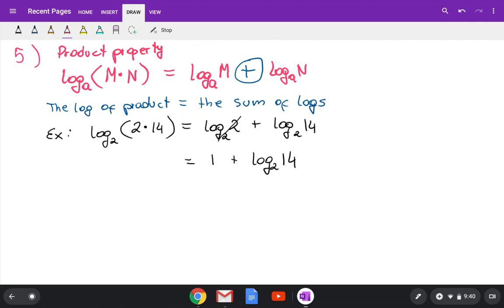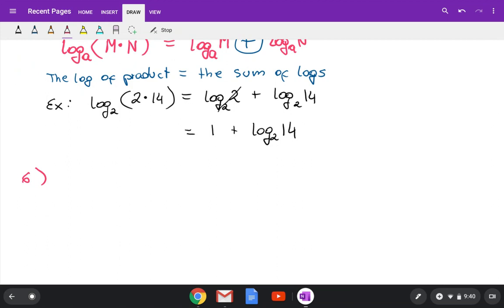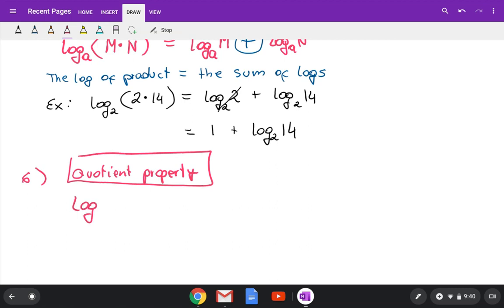Okay. Number 6, it's quotient property. So this is how the quotient property looks like. You have logarithm of base A, and the input is the quotient, m over n.